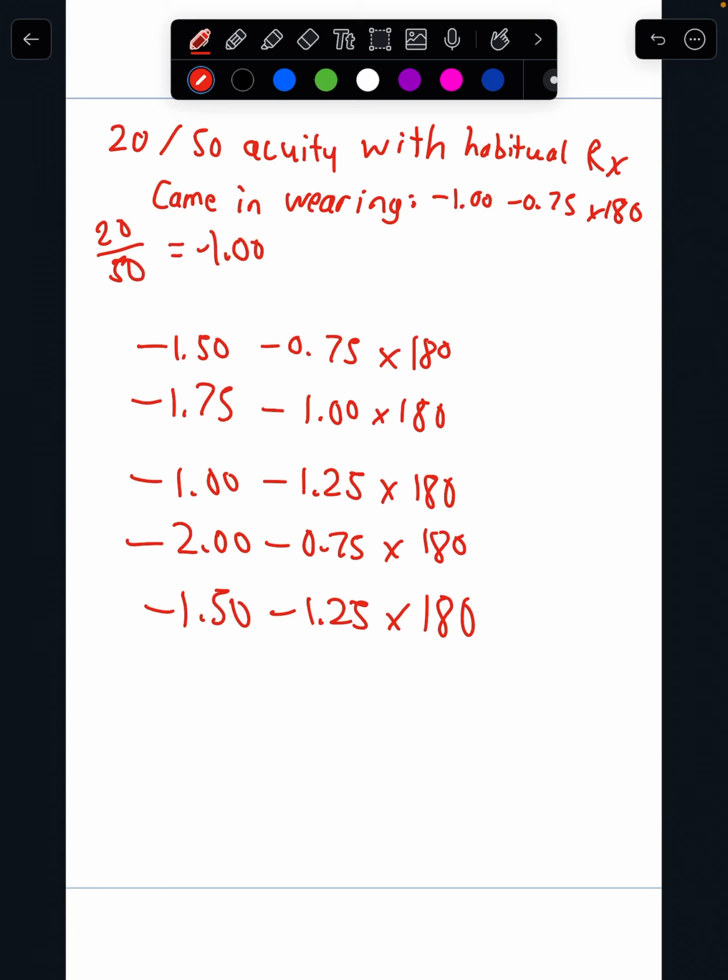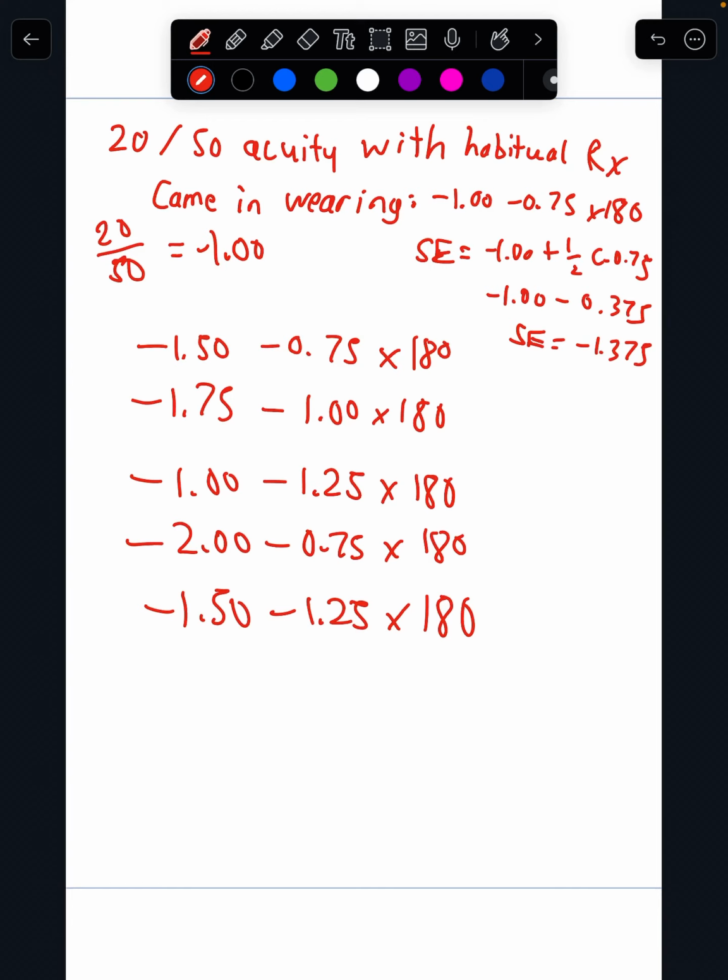And then the spherical equivalent of the habitual Rx is SE equals -1 plus half of -0.75. So that's -1 minus 0.375. So spherical equivalent equals -1.375.